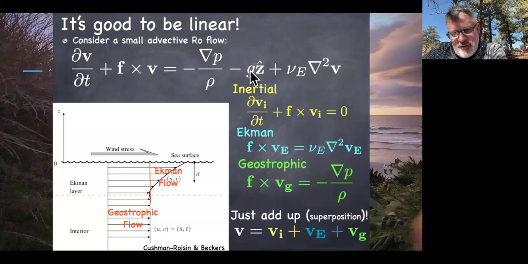Gravity is there in terms of setting up the pressure field, but it's not there in any of the horizontal balances. So if we have small advective Rossby number flow, taking inertial oscillations plus Ekman plus geostrophic, we've just explained the entire equation, all of the terms in that equation. We have a balance for each of them, and we have a name for the velocity that goes along with each one.